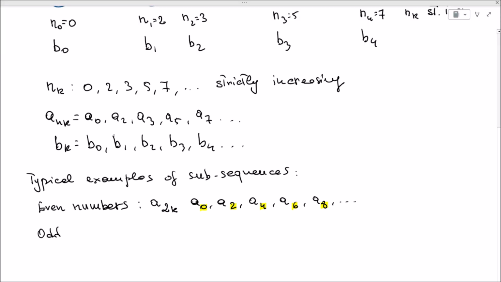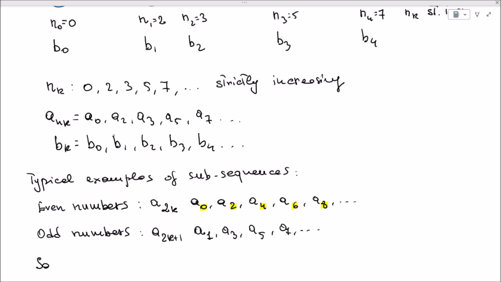Odd numbers, a_{2k+1}. We have a1, a3, a5, a7, and so on and so forth.